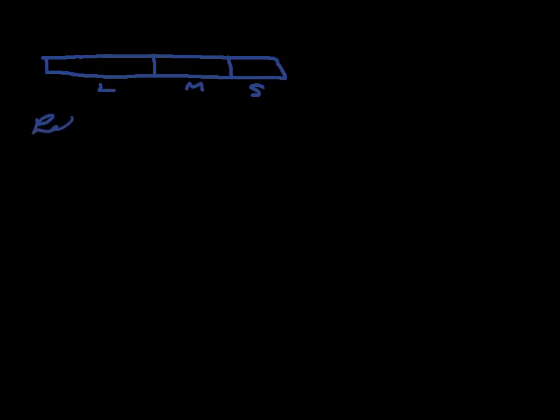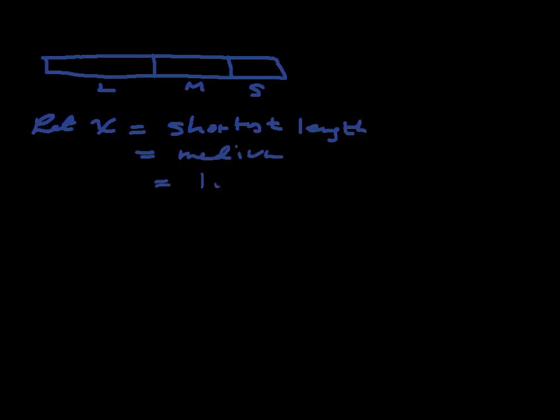So let's let our letter X equal the length of the shortest piece. So I'll say the shortest length. Now we have the medium length and the longest length to deal with.